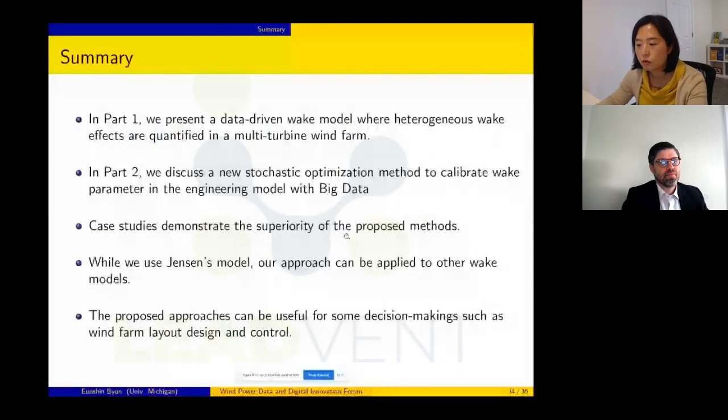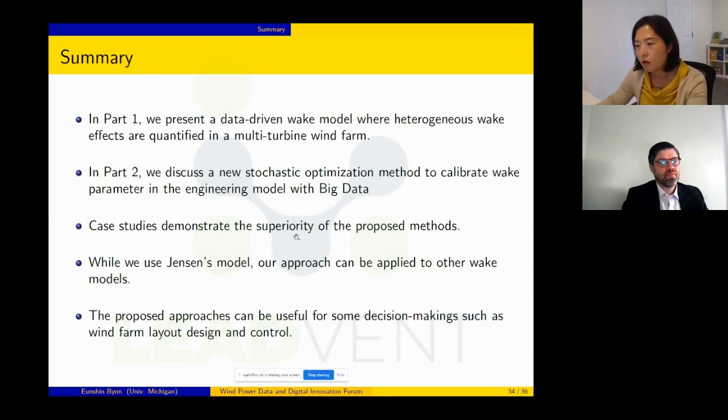Just to summarize, in part one, I presented a data-driven wake model where heterogeneous wake effects are quantified in a multi-turbine wind farm. And we discussed a new stochastic optimization method to calibrate the wake parameter in the engineering model, like Jensen's model, when the data size is large. And our case study demonstrates the superiority of the proposed method.